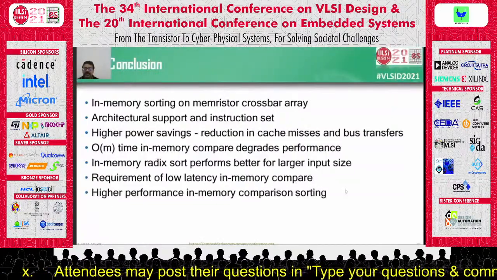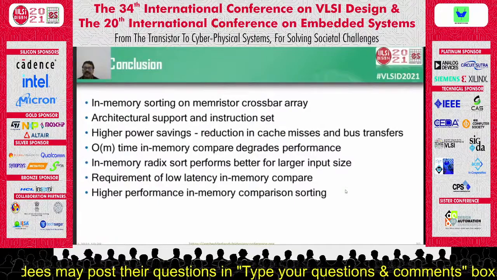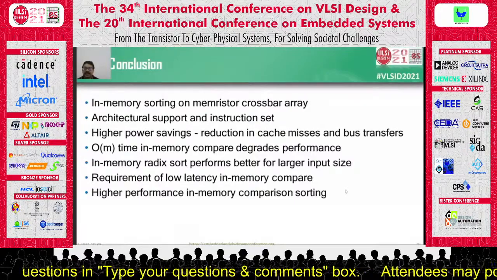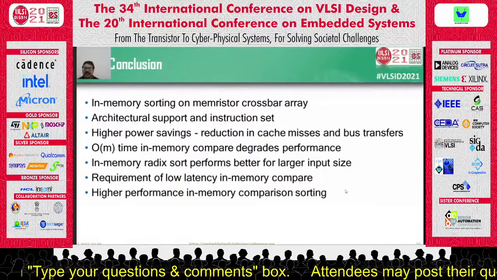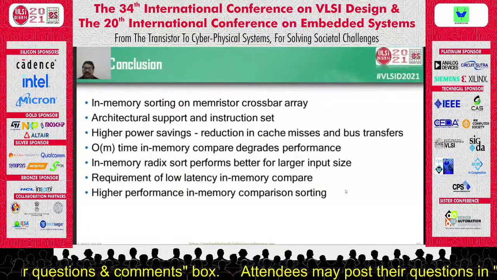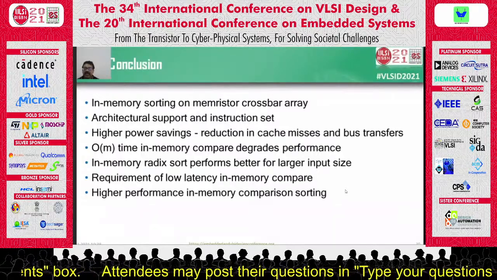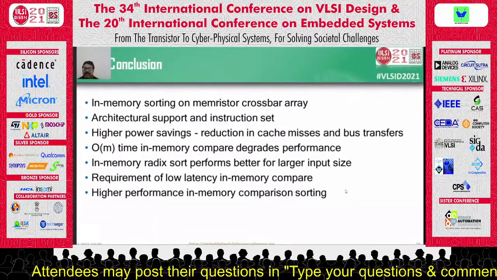We can conclude here that the in-memory sorting is performed on a memristor crossbar array with architectural support with a new set of instructions. Higher power savings have been achieved due to reduction in cache misses and bus transfers.